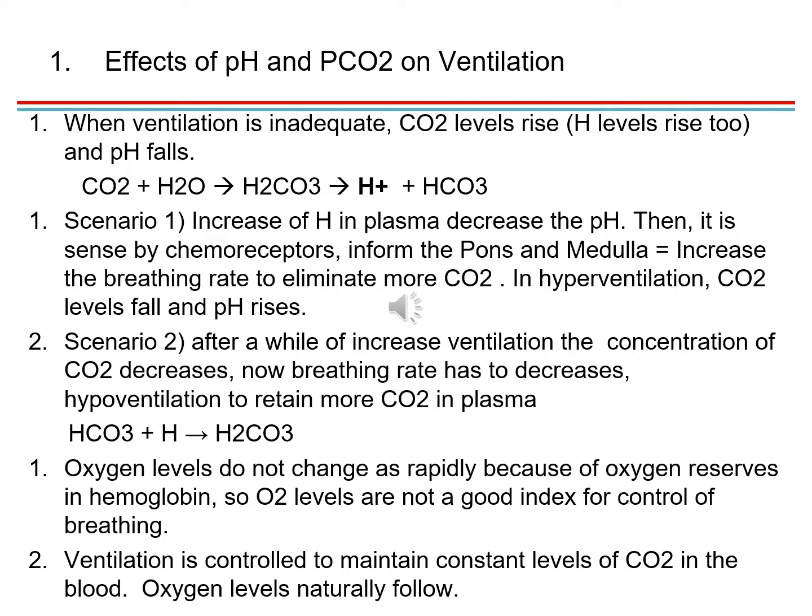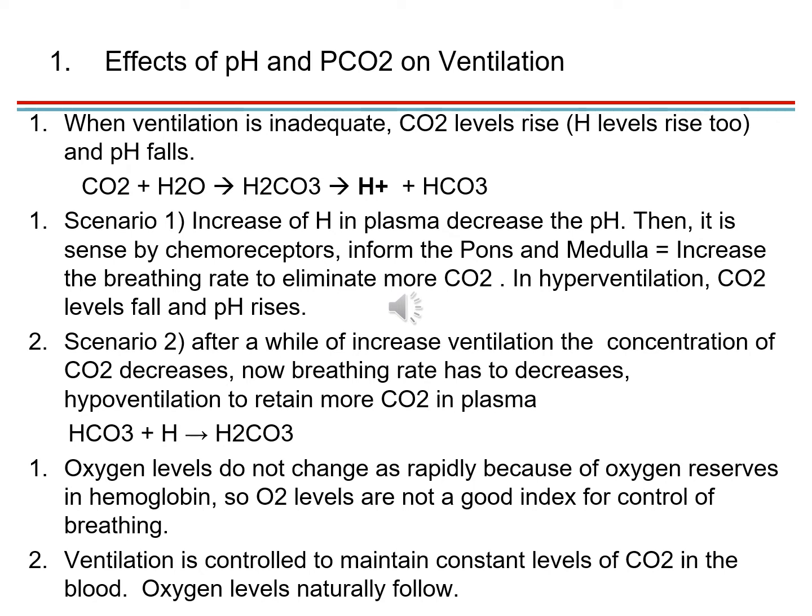Now, let's pretend scenario number one, the one that I described over here, in order for you to play with and analyze. An increase of hydrogen in plasma decreases the pH. Then, it is sensed by those chemoreceptors, either the peripheral or the central.